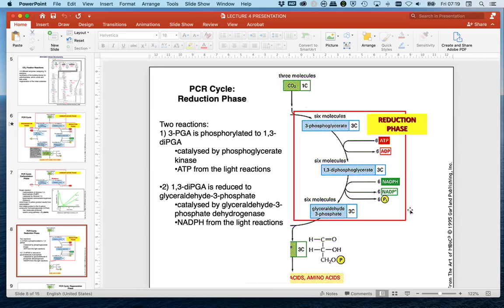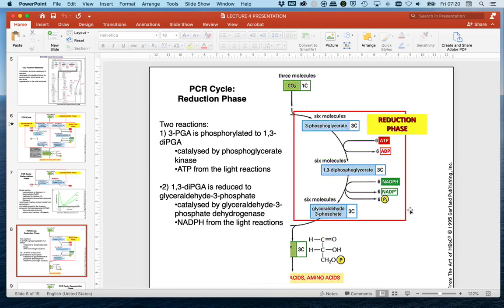The reaction is catalyzed by a kinase, as you would expect, and so that's phosphoglycerate kinase to be specific, and that enzyme uses ATP that comes from the light reactions. So here we've got the first case of where the products of the light reaction are used in the CO2 assimilation reactions, in this first step of the reduction phase.